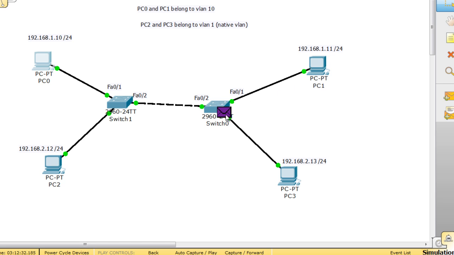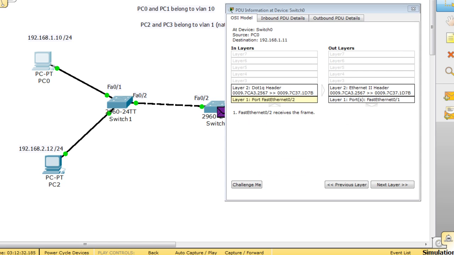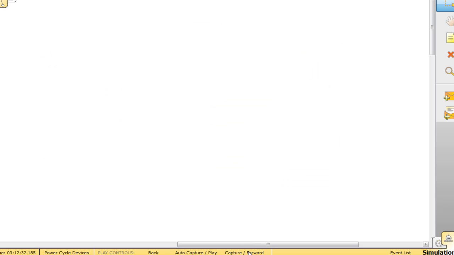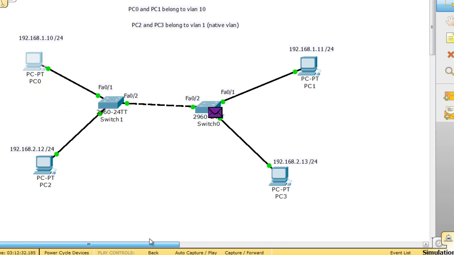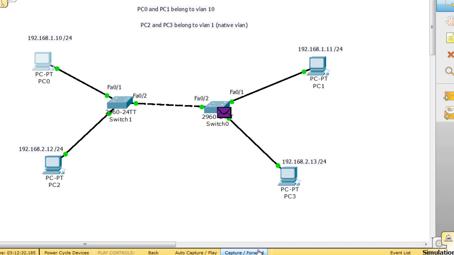Let's go to do a packet capture, and let's open up the packet again.